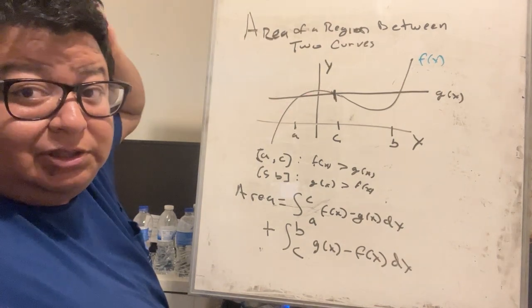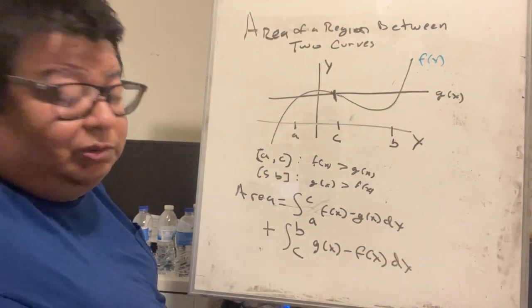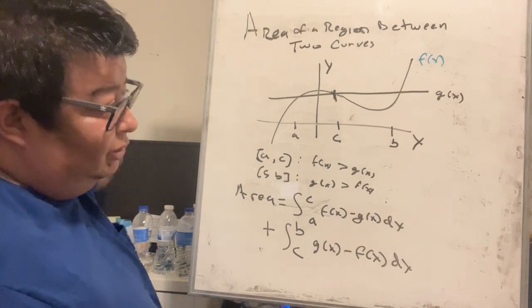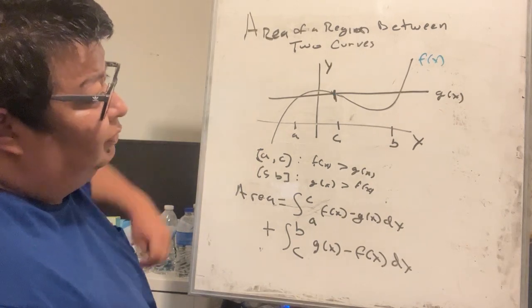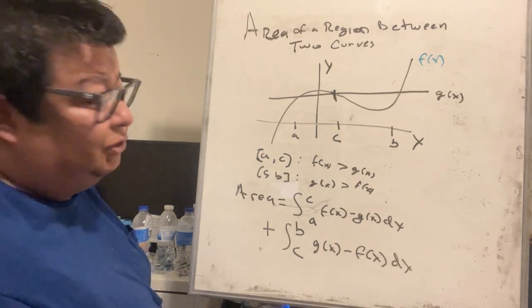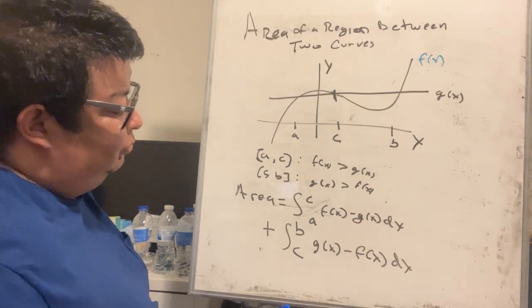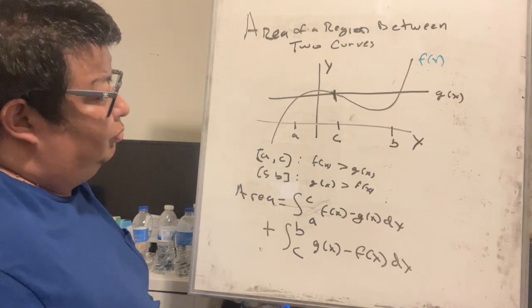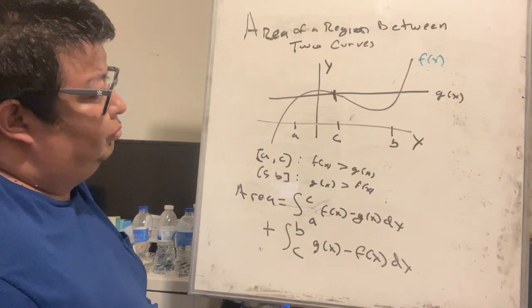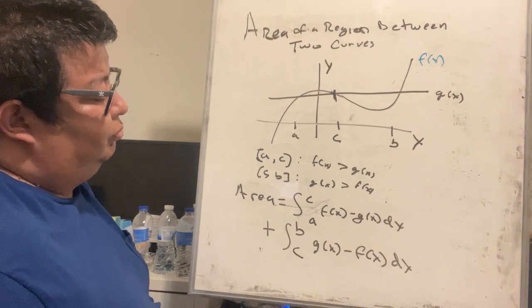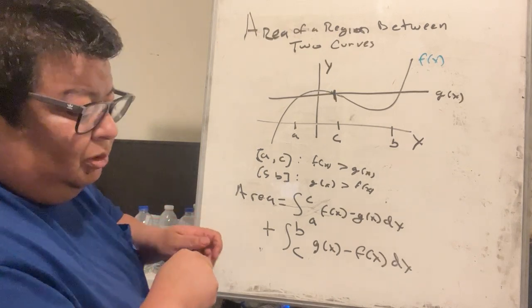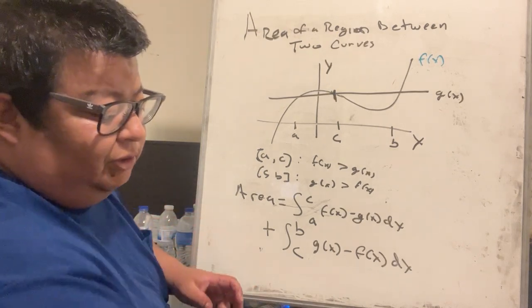You need to split the interval into two parts or multiple parts, depending on how the graphs look. So in all these things, we're talking about the area of a region.